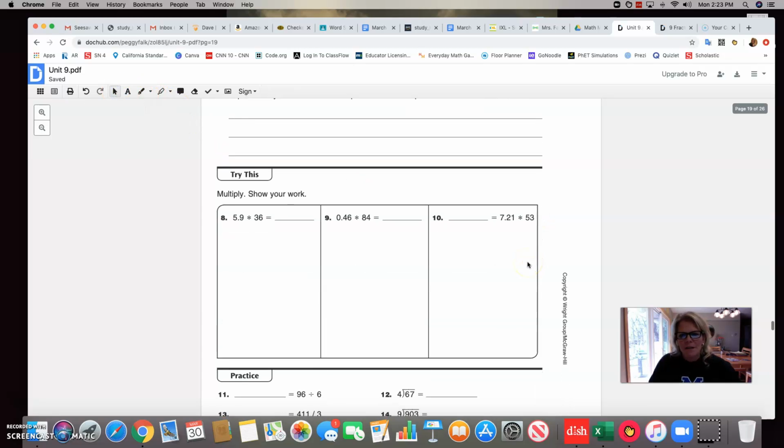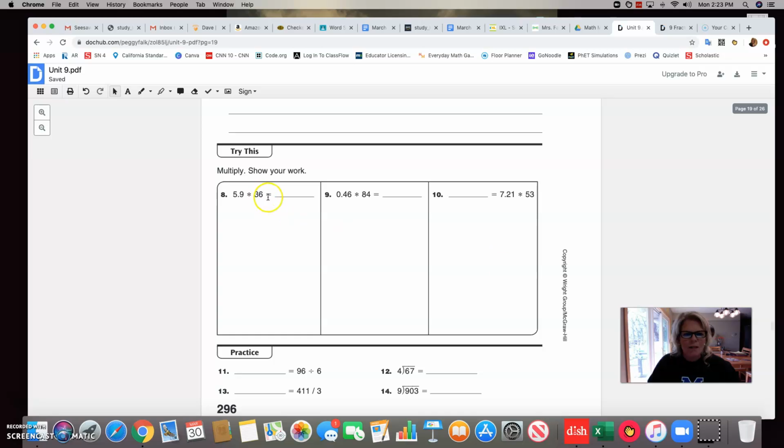Okay, now down here, we had some problems. So I'm just going to work through the problem, and I want you to think about what you did. When you multiply, just ignore the decimal for now. So 9 times 6 is 54. 6 times 5 is 30, plus the 5 would be 35.